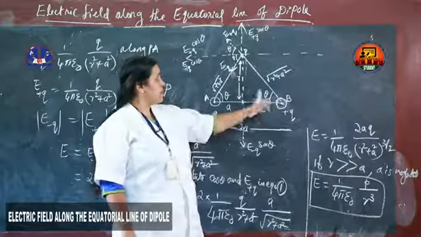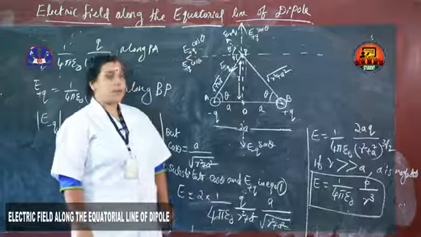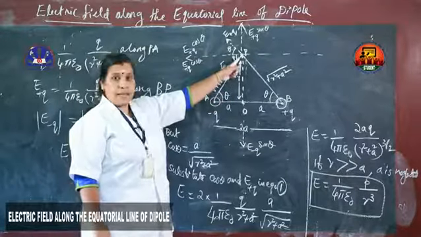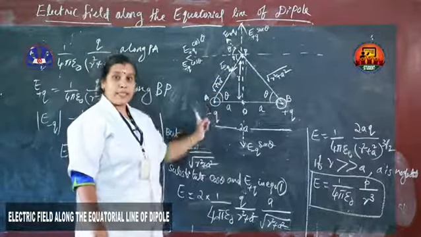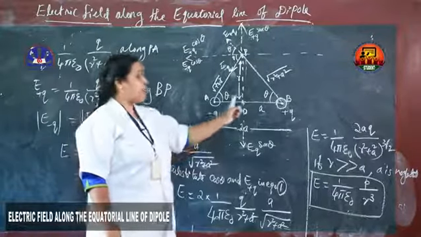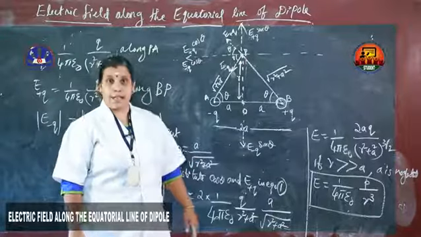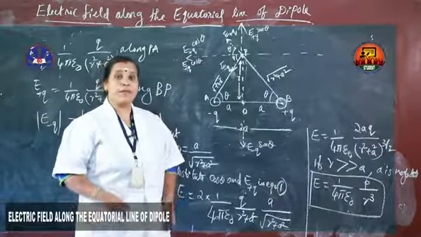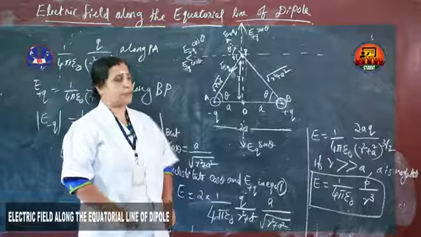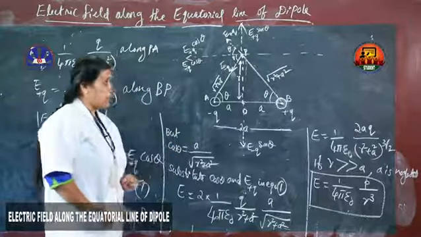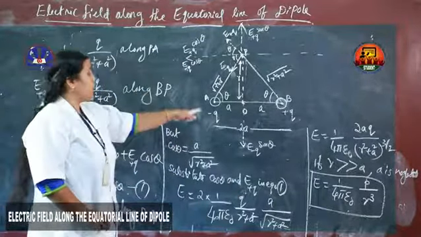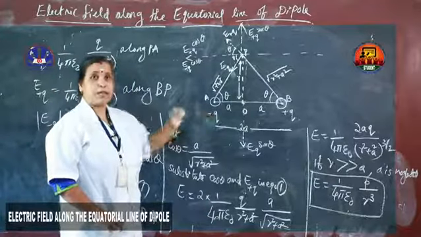Clear this much? Now we have to calculate the electric field at P separately, produced by the negative charge minus Q as well as the positive charge plus Q, using the same equation as above, that is 1 by 4 pi epsilon 0 Q by r square. Now tell me, what is the equation for the electric field at P due to this negative charge minus Q?